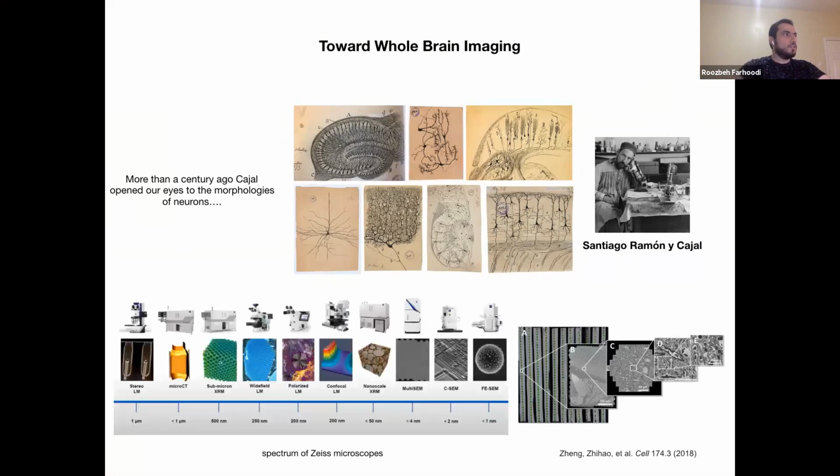Now, a century later, we have a bunch of tools and techniques to image from very close resolution to nanometer resolution, and we are even able to picture the whole brain connectome. That has opened the door for us to study the geometrical structure of the brain.